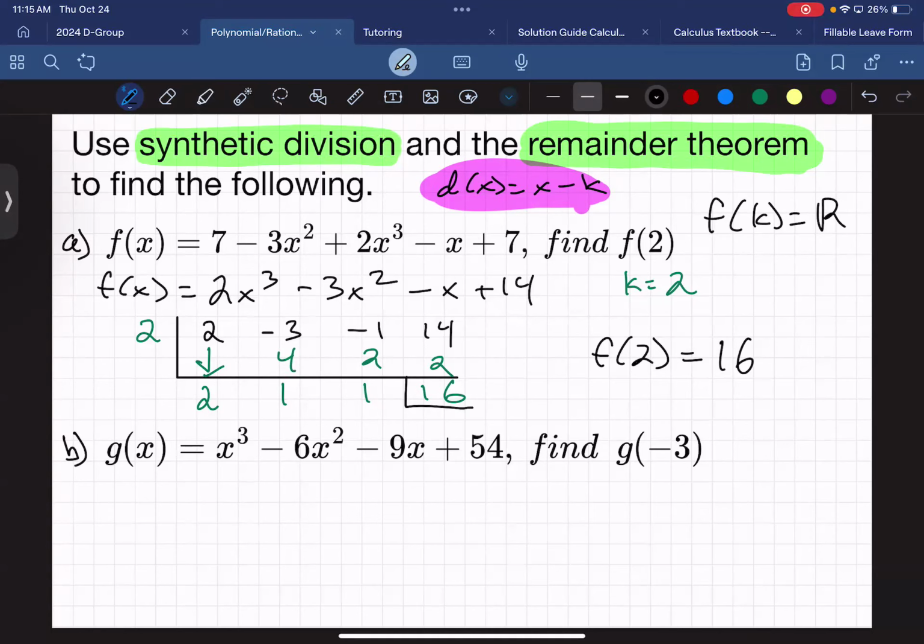But let's do the synthetic division and see what happens. We go with the setup. Is there any concerns there?